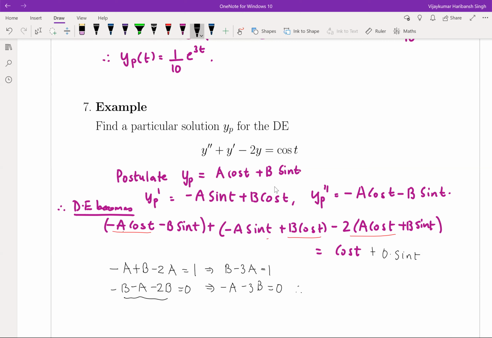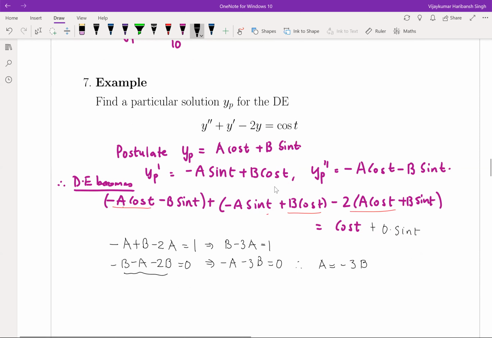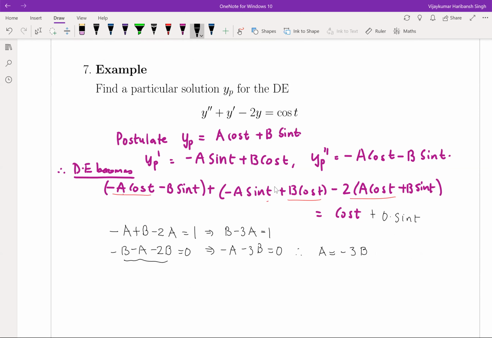So let's put this back into one of the equations. We get a equals minus 3b, and plug it into the above equation. So substituting, we get b minus 3 times minus 3b equals 1. This gives b plus 9b equals 1, so b equals 1 over 10.